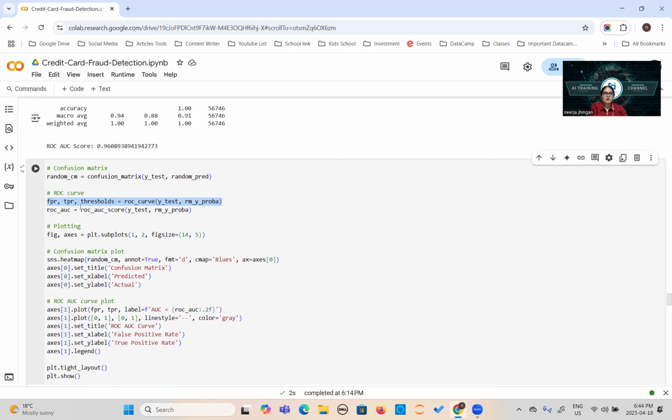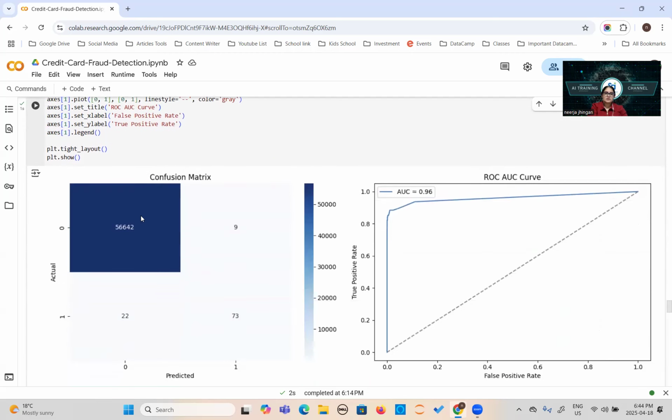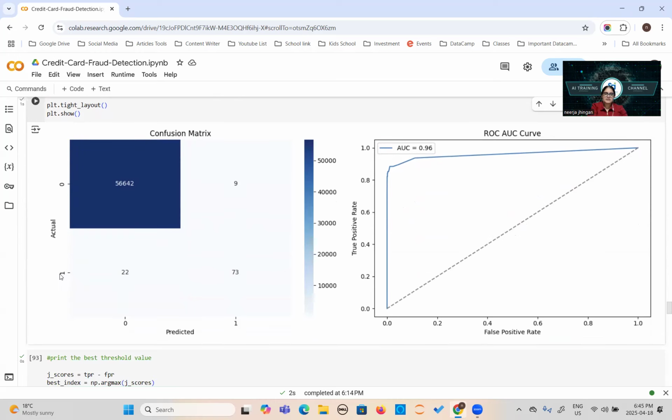If you want to see all the threshold values, you can print them here. And then look at this. When you applied the random forest classifier, it was this much, but it was predicting wrong values, which are the non-fraud 9, right? But here, if you look at this, 22 it predicted not fraud, and 73 fraud, which is correct.